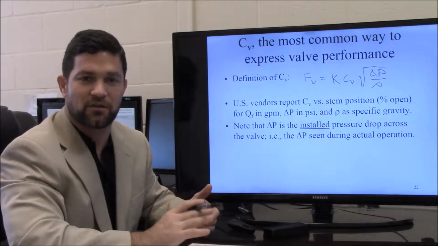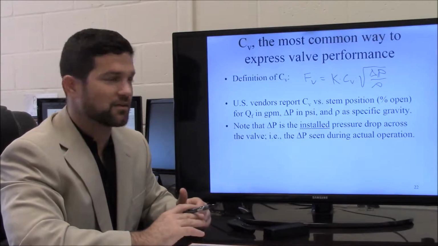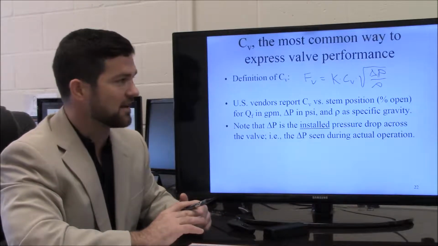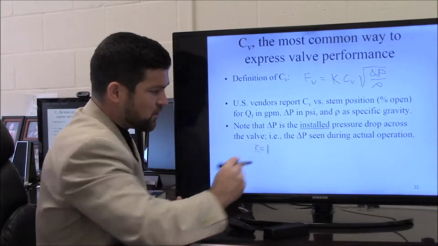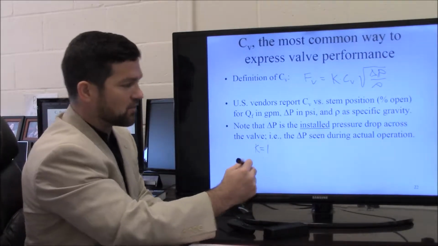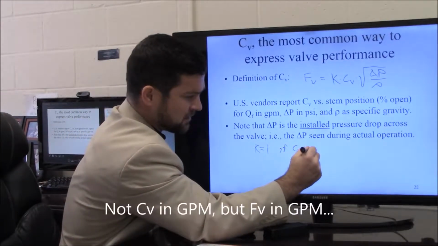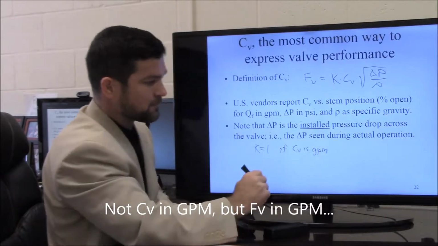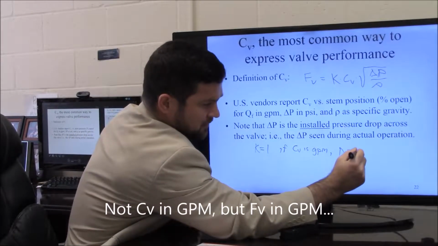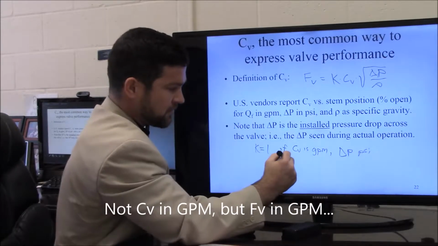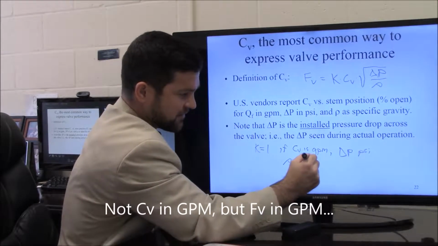So K is going to convert the units between the flow, CV, or the flow, the pressure, and the density. To make things easy, we can use a value of K equal to 1 if the CV is gallons per minute, delta P is PSI, and rho is specific gravity.